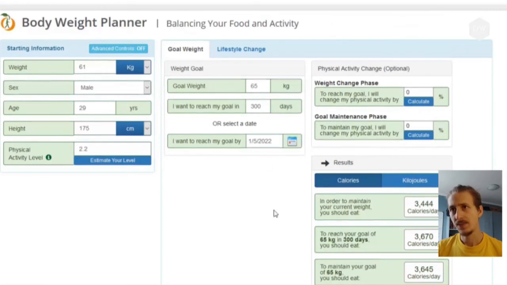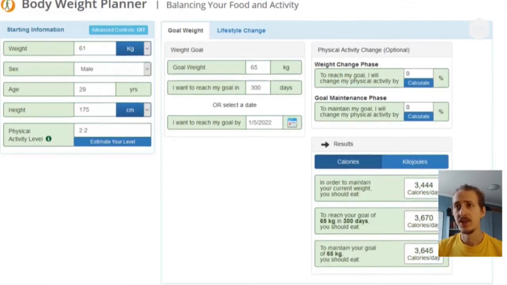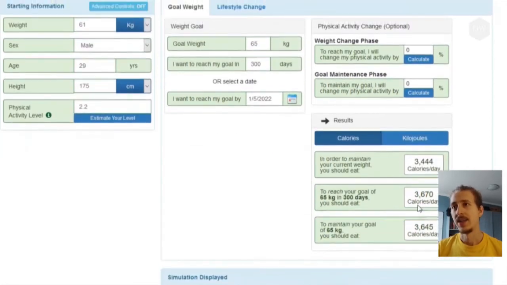Now, here are my results. And these numbers that you see here might scare you because they are really, really high. Okay?